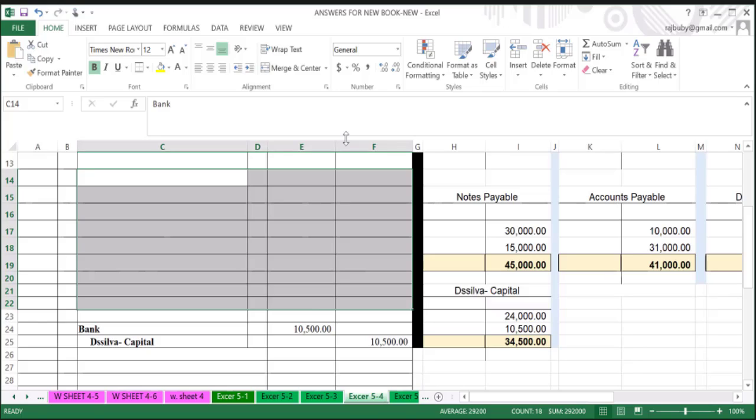Do you understand the second table? Dominic and Silva, that one is different information. Dominic and Silva decided to form partnership on January 1st, 2018 and agree on the following valuation. This one is actually in the trial balance that they gave earlier, the balance sheet.